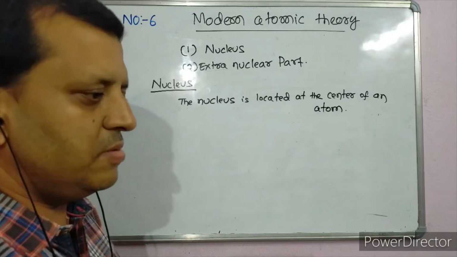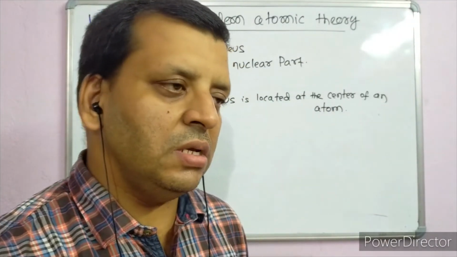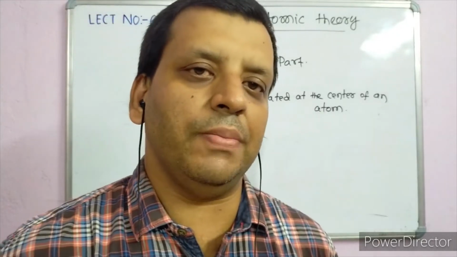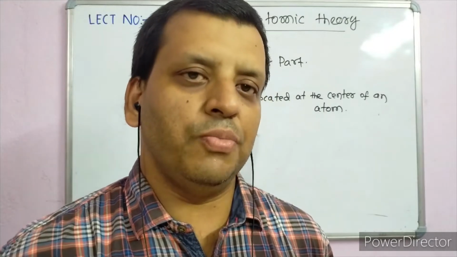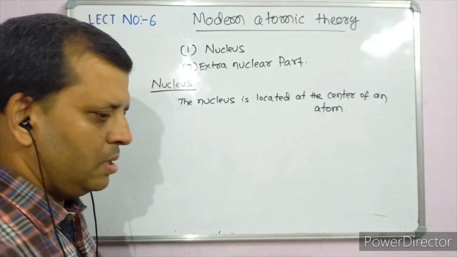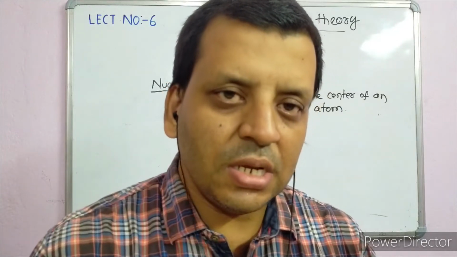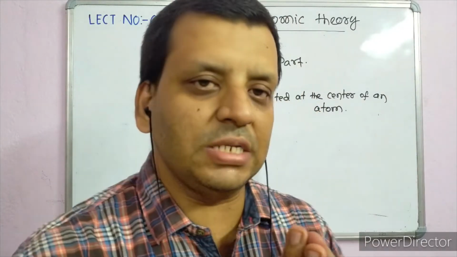What is the net charge of the nucleus? It is positively charged because it contains two subatomic particles known as protons and neutrons, and the proton is positively charged, while neutrons do not have any charge.